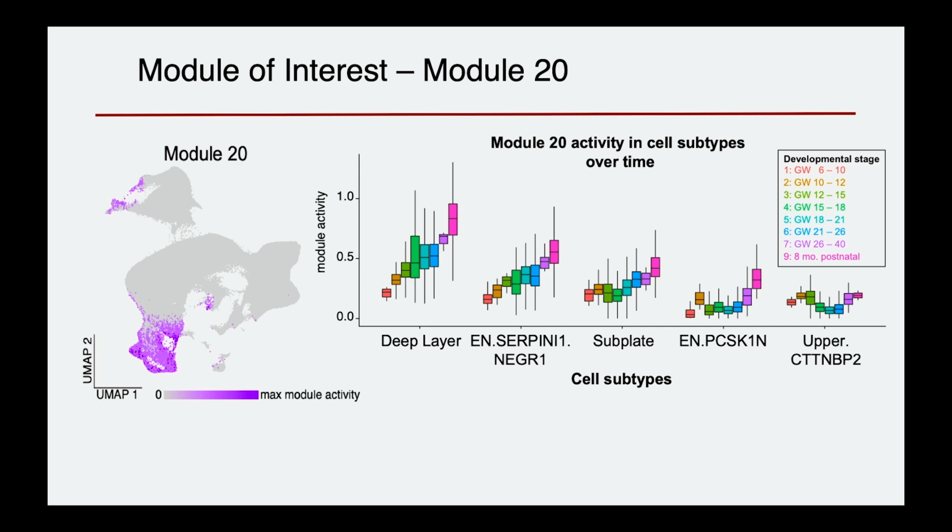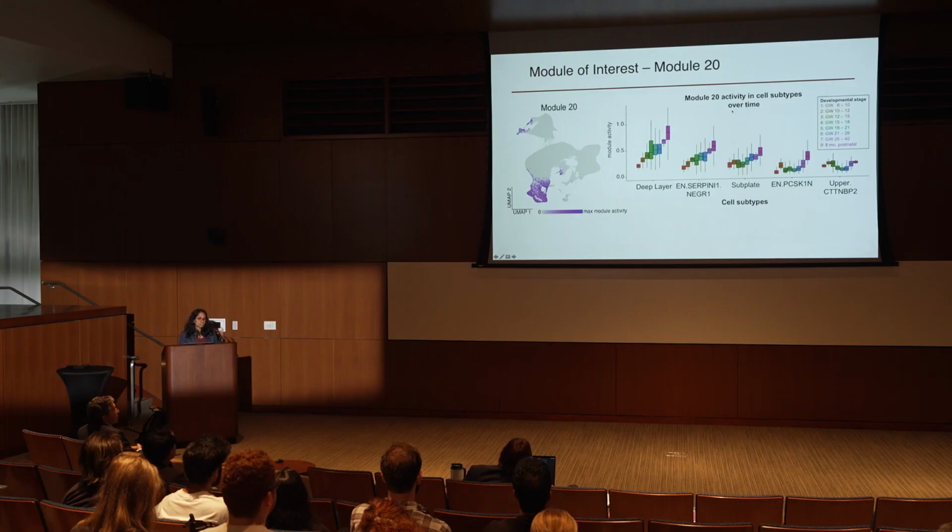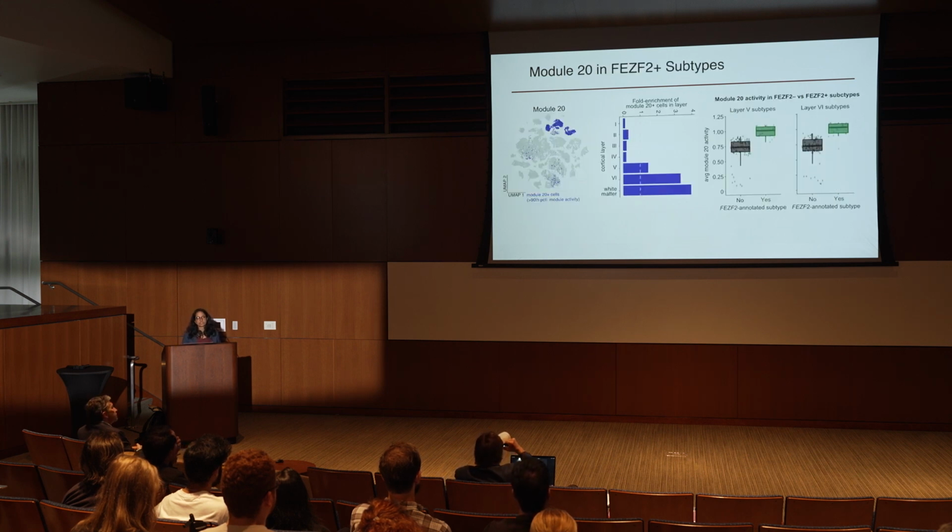There's one module in particular, though, that we thought was particularly fascinating and also kind of followed that trend. So this module 20 is broadly expressed in our neuronal populations, but as you can see, is over time increasing its expression in these deep layer populations. So Patricia took the signal for module 20 and compared it to adult brain single cell sequencing from the Allen Brain Institute.